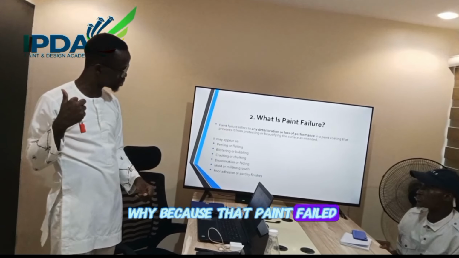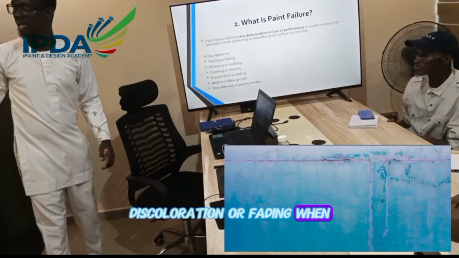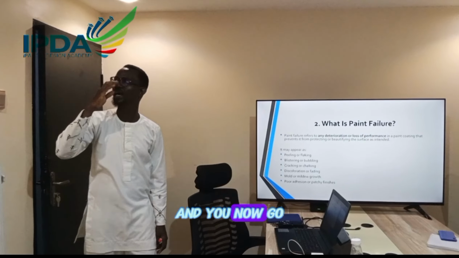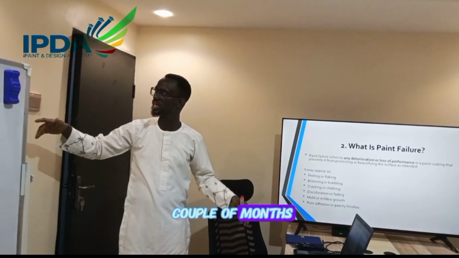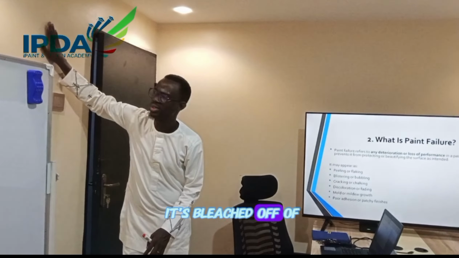Because that paint failed. Discoloration or fading. When you paint a surface and you go there after one month or a couple of months, and you see that this place looks like it's bleached off.